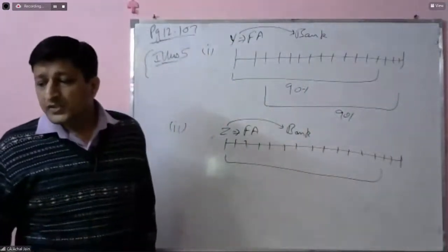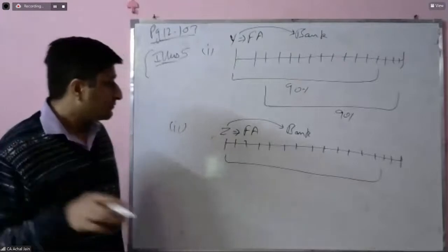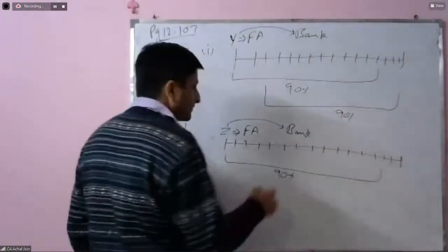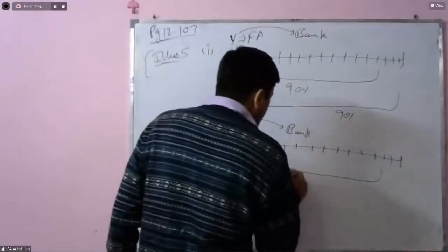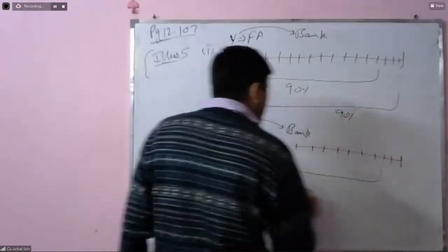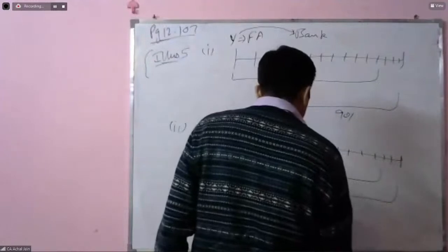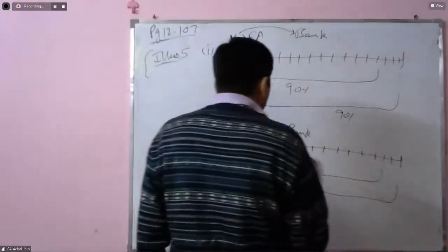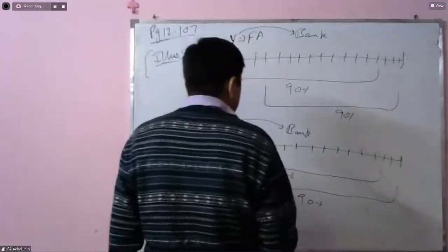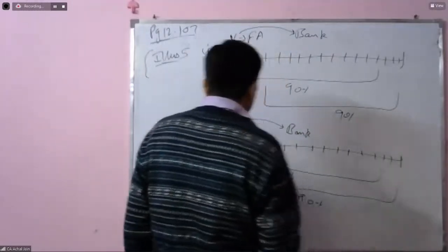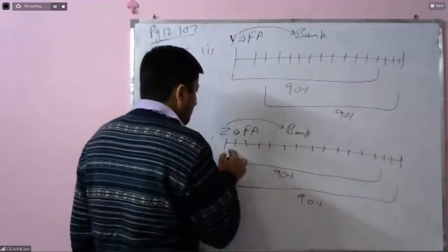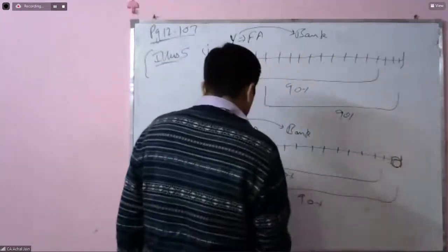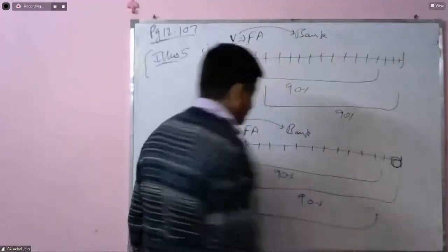So it has transferred 90%. Now this 90% can be this. There is no identified 90%. This 90% can be this, or maybe some part of this is left and some part of this is left. This could be the 90%.